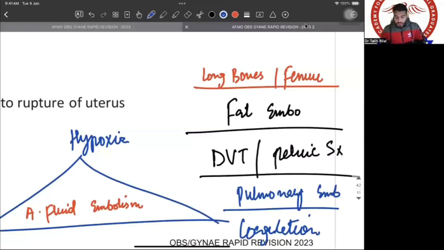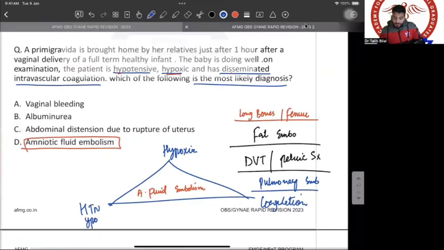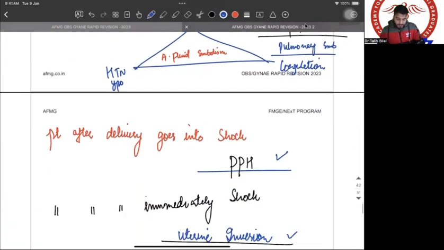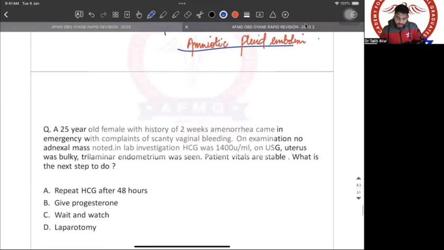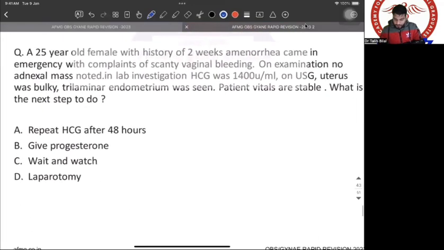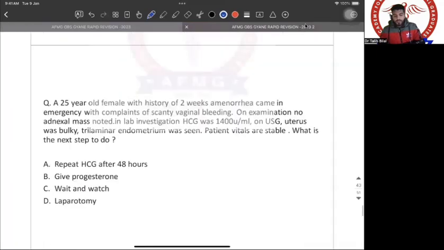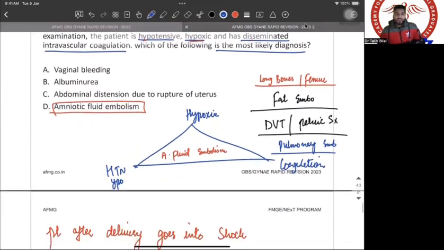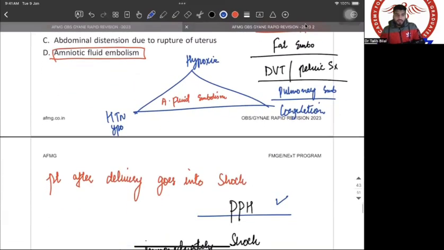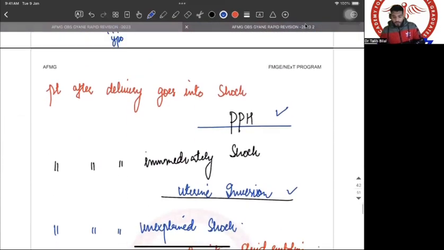And we advise the patient to take low molecular weight heparin. Remember these things, guys. These embolisms are very important. Then in deep divers, we have air embolism as well. So remember such conditions. The patient after the delivery complaining of hypotension, hypoxia, and coagulation defects: the answer is amniotic fluid embolism.